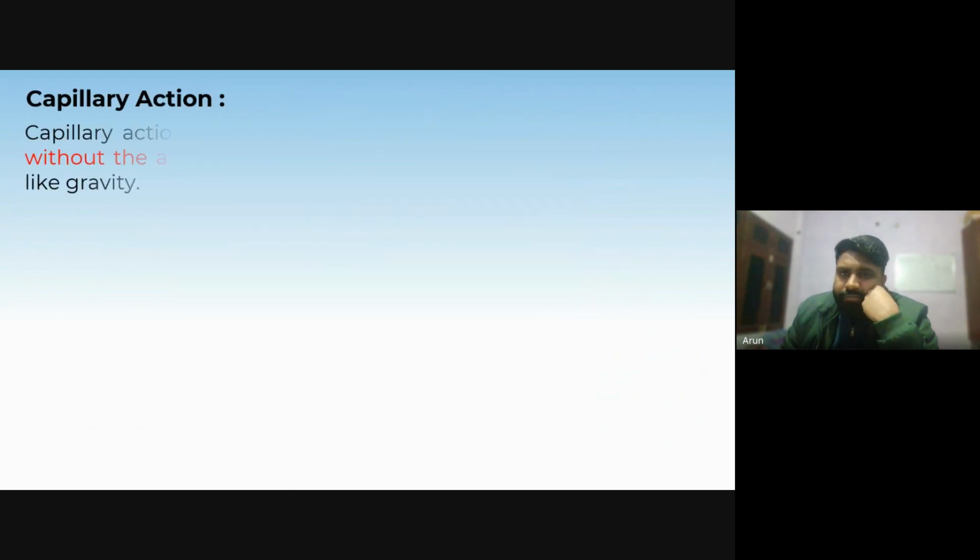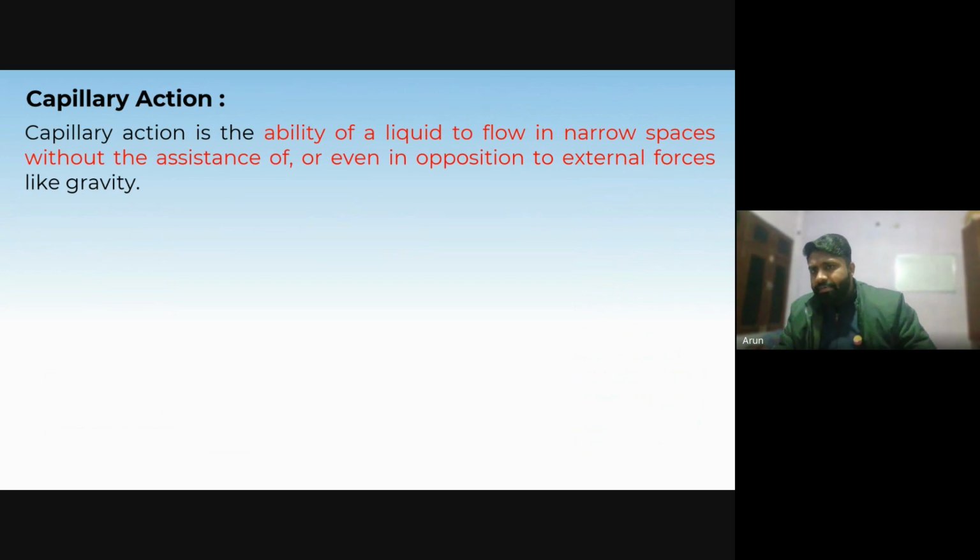Now, why are we seeing this capillary? Because of the application of the capillary: if we put a capillary inside a liquid, the liquid will rise up in it. Or if we change the liquid, the liquid will go down in it.